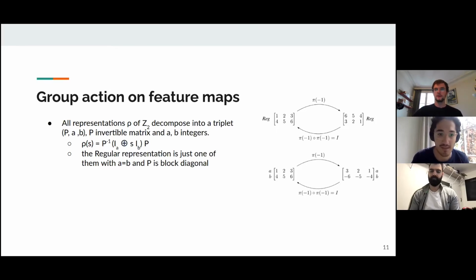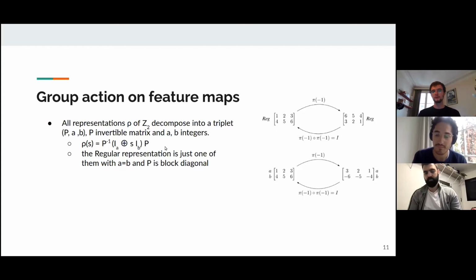Okay. It's kind of descriptive, but actually this is a theoretical result, where basically you have all representations that decompose like that. So it's not just, okay, let's use this formulation and choose that. You have an actual property that tells you the most general way Z2 can act on an intermediate feature space under this formalism is that one.